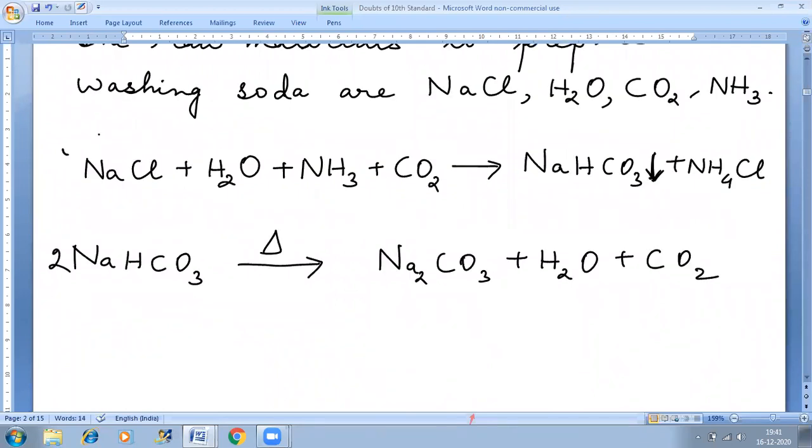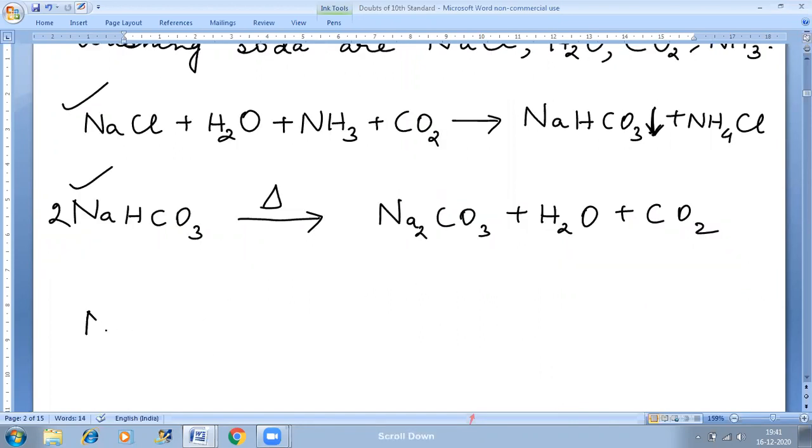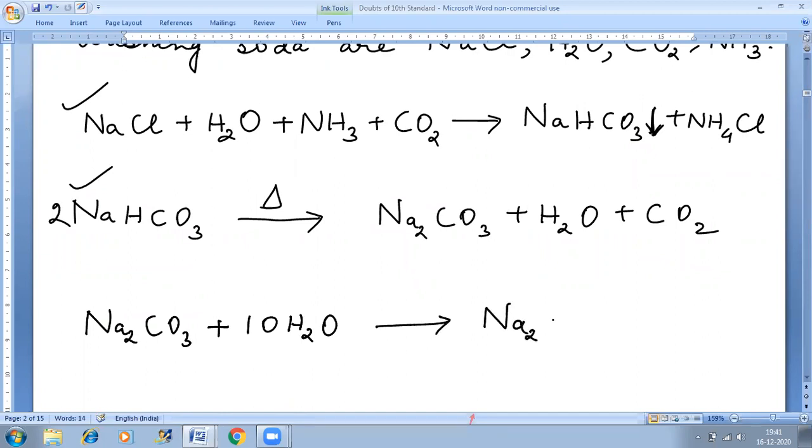So step 1, step 2. And now this Na2CO3 is dissolved in water and crystallized to get this. These are the 3 steps.